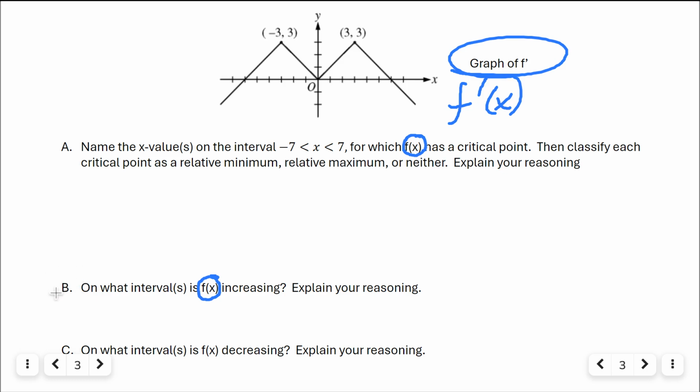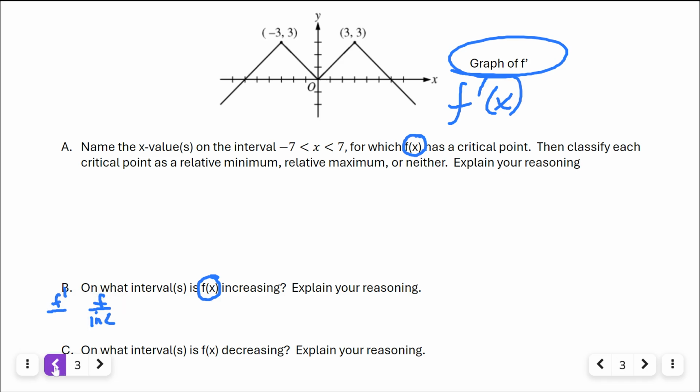It wants to know on what interval or intervals is f increasing. Explain your reasoning. Here's how this works. I want f to be increasing, but I don't have the graph of f. I have the graph of f prime. So how does f prime tell me information about f?